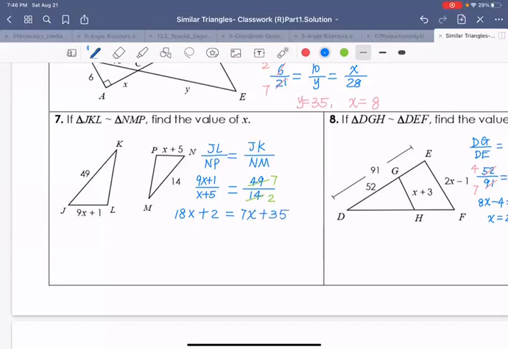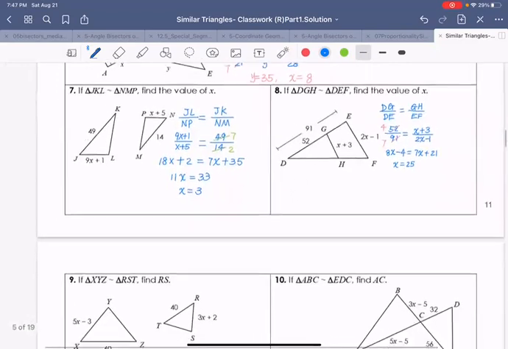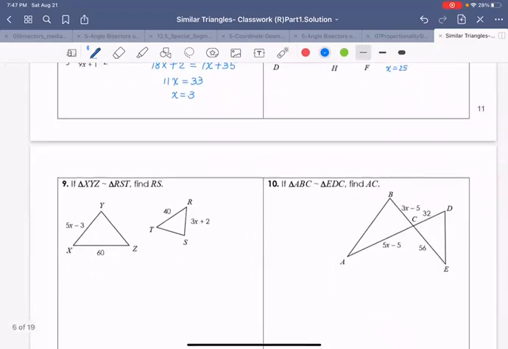Next step. 9x... 11x, thank you, equals 33. Thank you. X equals 3. Okay. All right. Next one.